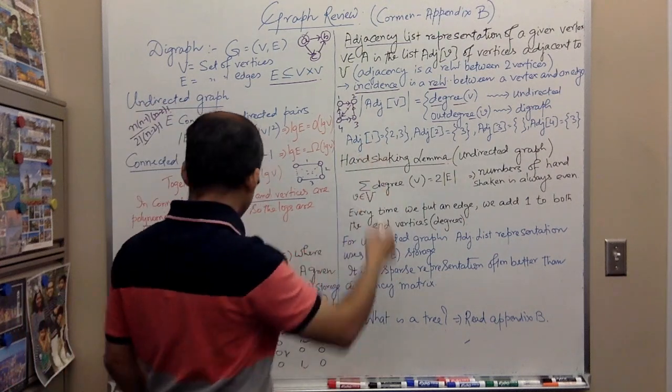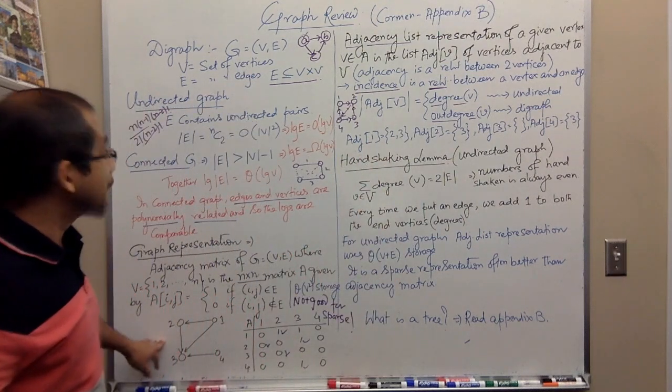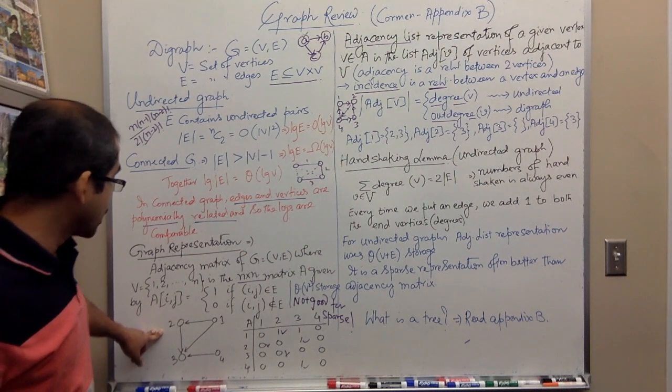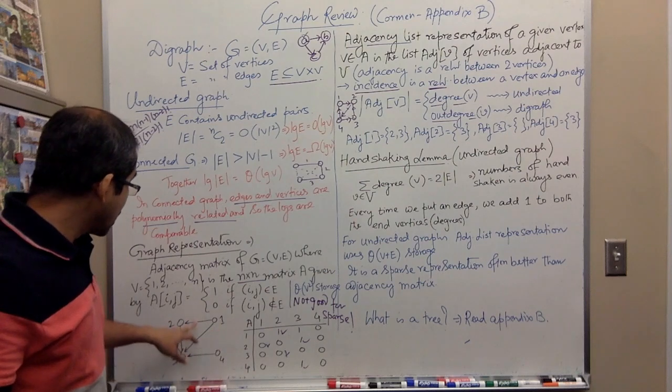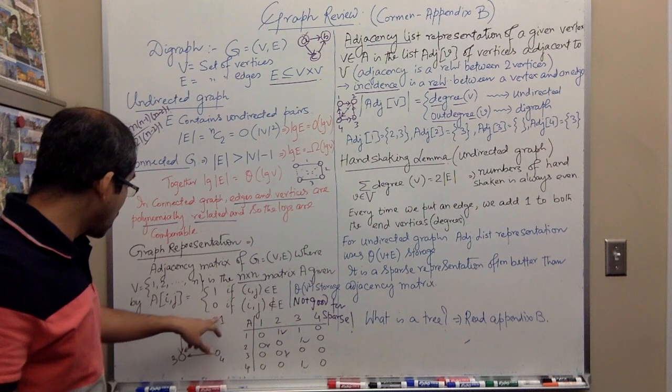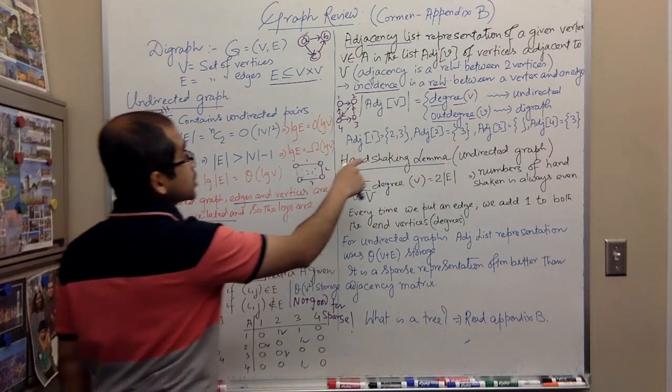Now consider this example. What is the adjacency of 1? Because this is a directed graph, we just consider out degree. So the adjacency of 1 is this edge and this edge, 1 to 2 and 1 to 3; we write 2 and 3.